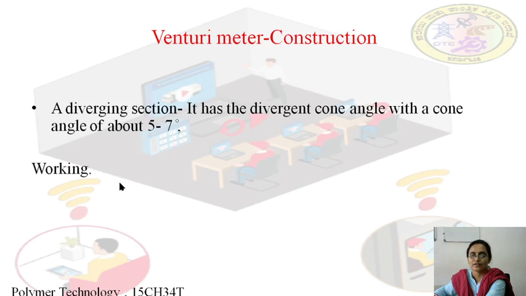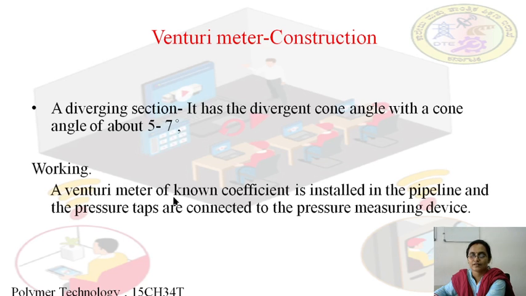Now the working of the venturimeter. A venturimeter of known coefficient is installed in the pipeline and pressure taps are connected to the pressure measuring device. So, for knowing the flow rate in the pipe, we connect the venturimeter to the pipeline, and using pressure taps and a manometer we measure the pressure of the fluid.